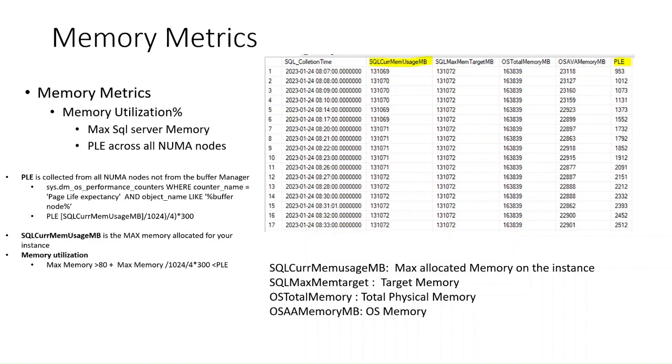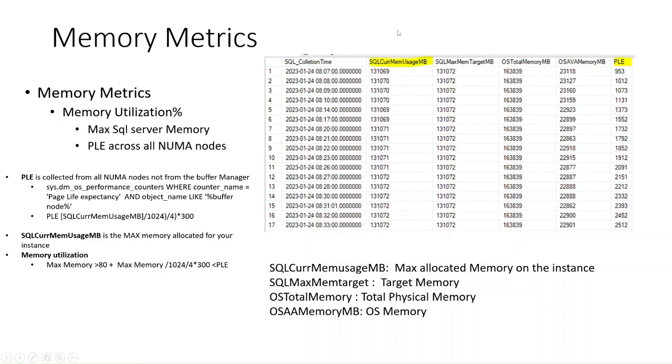That's because we want to make sure that in case there are multiple instances on the server, we only capture the instance. So this is the one that we worry about, those two columns. This is your setting, the max setting on that instance. This is how much you're using toward that max. And the PLE.